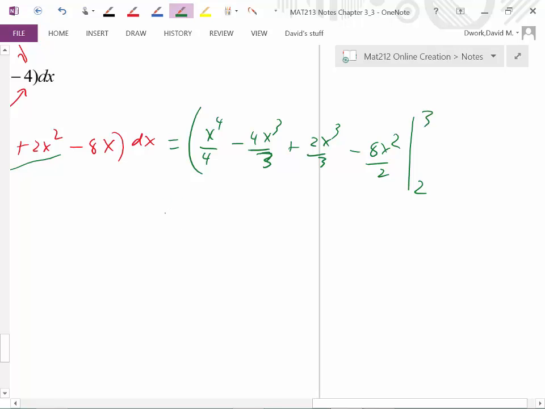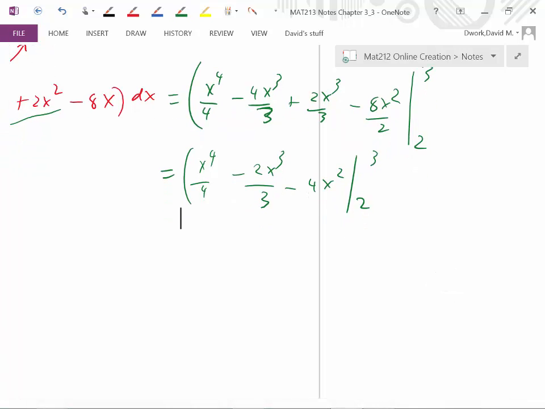All right, so just before we evaluate it, let's add those terms together. So this is x to the 4th divided by 4, minus 2x cubed divided by 3, and then 8 divided by 2 makes 4, so minus 4x squared, all evaluated from 2 to 3. Okay. So hopefully you've got this part down, because at this point it's just a review from last class.